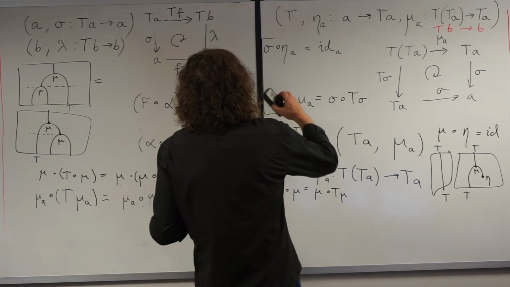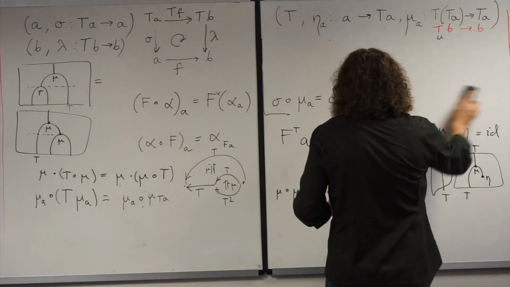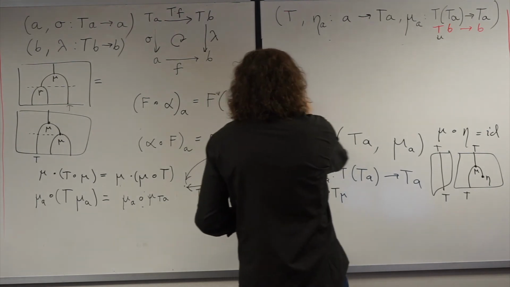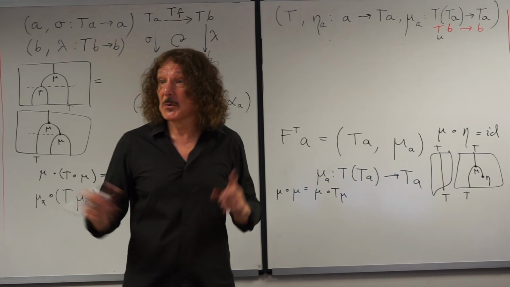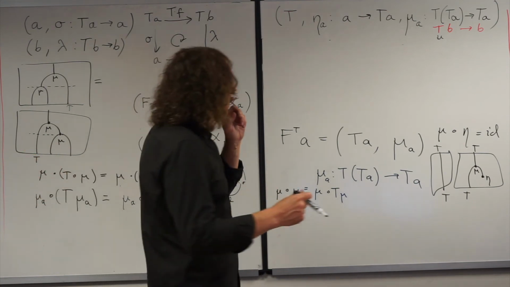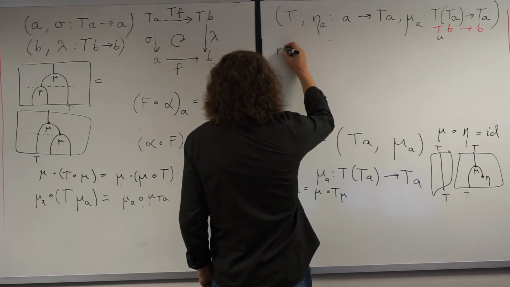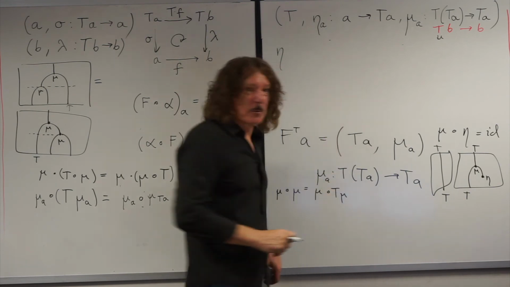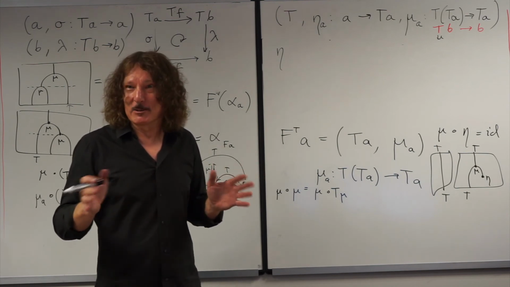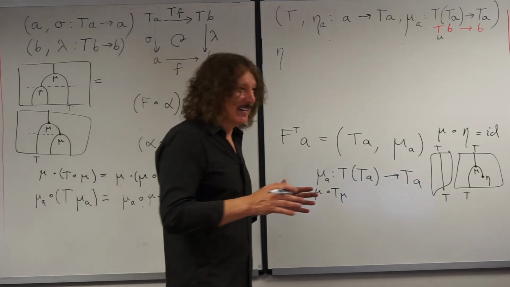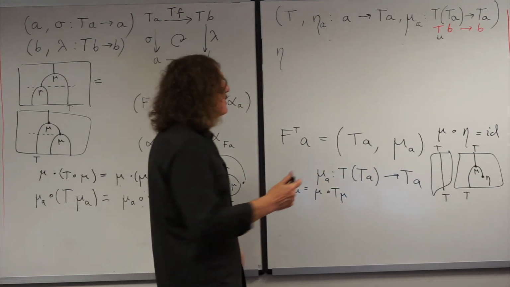So let's see. If this is supposed to be an adjunction, then an adjunction is defined by a unit and a co-unit. So what would the unit be? We are reusing the same Greek letters all over because they are actually the same. By the miracle of all these theorems, it actually gives you the same.